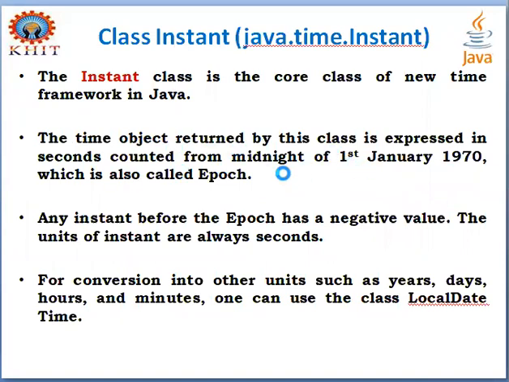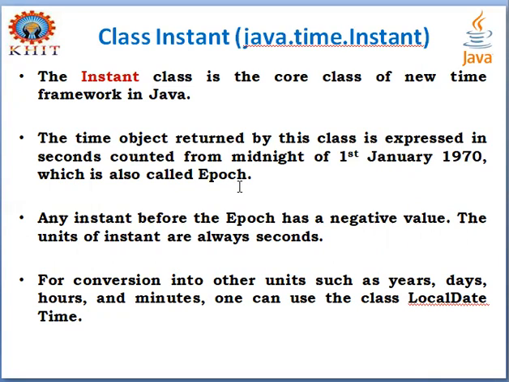The time object returned by this class is expressed in the seconds counted from midnight of 1st January 1970, which is called an epoch. So whatever time we are calculating by using this Instant class, it will start from 1st January 1970.